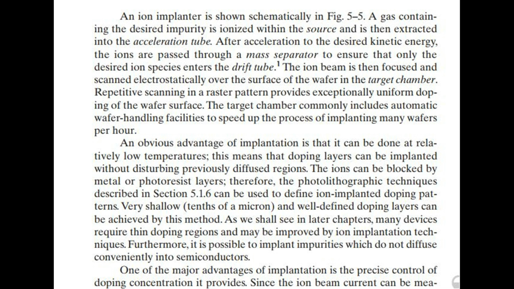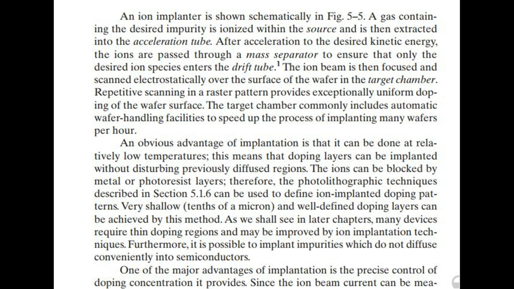The ion beam is then focused and scanned electrostatically over the surface of the wafer in the target chamber. Repetitive scanning in a raster pattern provides exceptionally uniform doping of the wafer surface. The target chamber commonly includes automatic wafer handling facilities to speed up the process of implanting many wafers per hour.